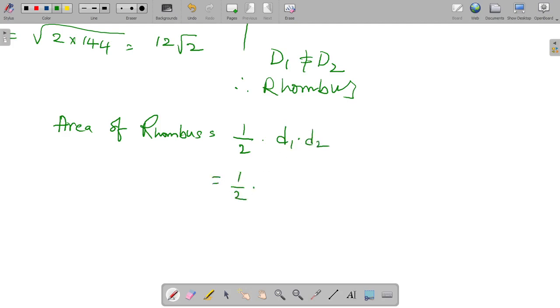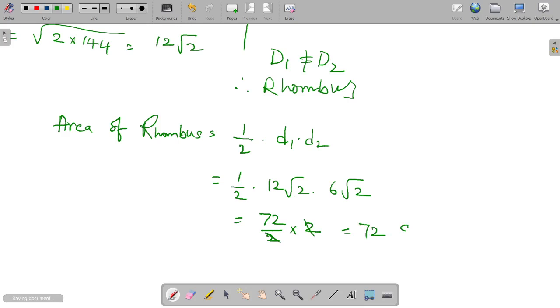Half into 12 root 2 into 6 root 2. This is equal to 72 by 2 into root 2 into root 2. The 2 and 2 cancel. So the area is 72 square units.